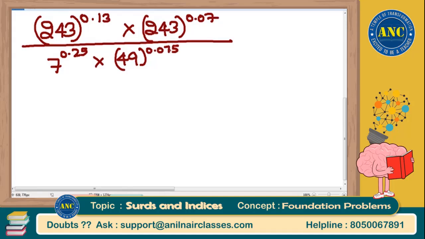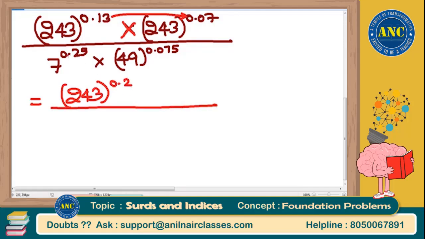In the numerator, the bases are the same, so I will keep only one base, 243, because they are multiplied, and add the powers: 0.13 plus 0.07 is 0.2.